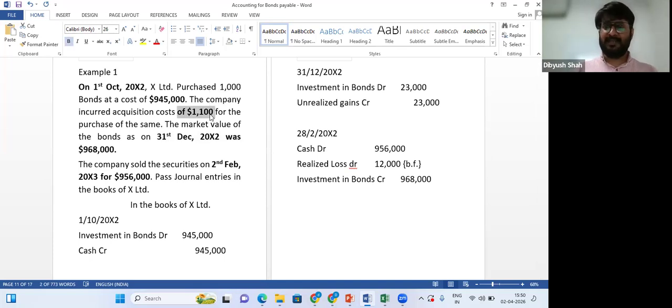Second, the rule says at every balance sheet date, that is 31st of December, the asset will be required to be revalued to fair value, that is market value, which is $968,000. And then the final entry will be passed next year when the asset was sold on 2nd of Feb.